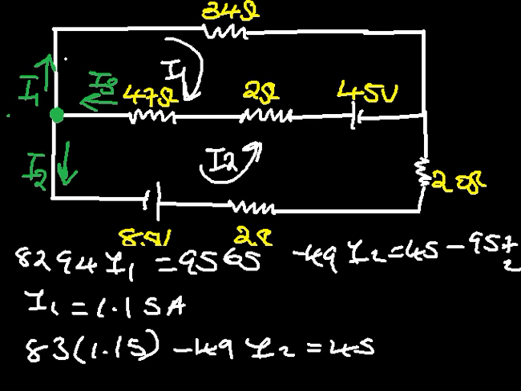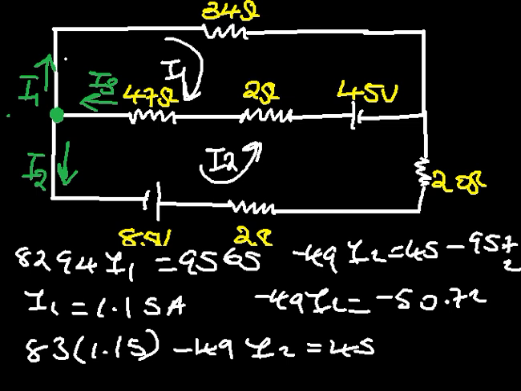So now we have negative 49 I2 is equal to, what is that, minus 45? Which means we'll have negative 50.72.